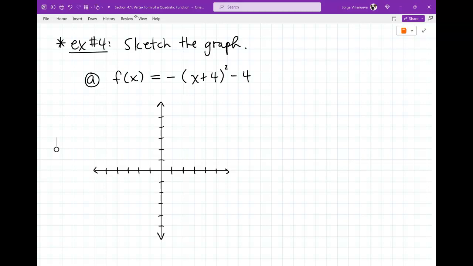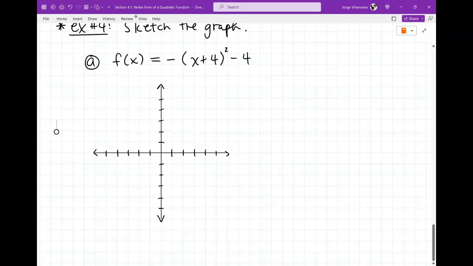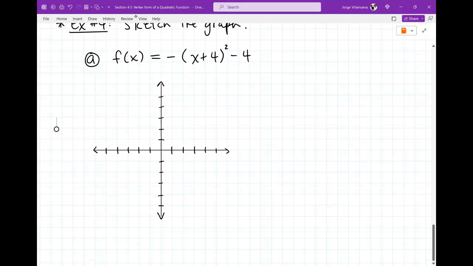All right. In order to graph these, the first thing you want to do is graph your vertex. Where's your vertex? Negative 4, negative 4, right? So I'm going to go to negative 4, and I'm going to put a dot right there.